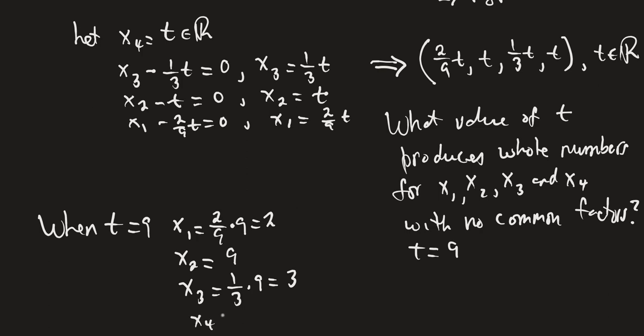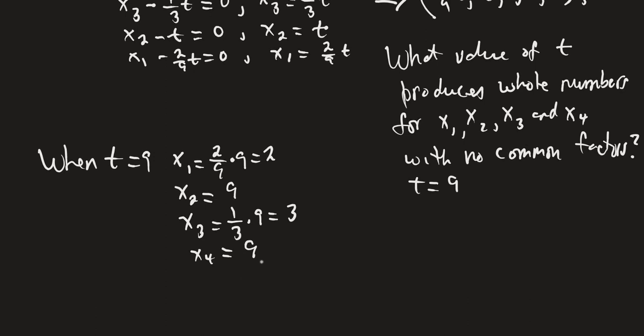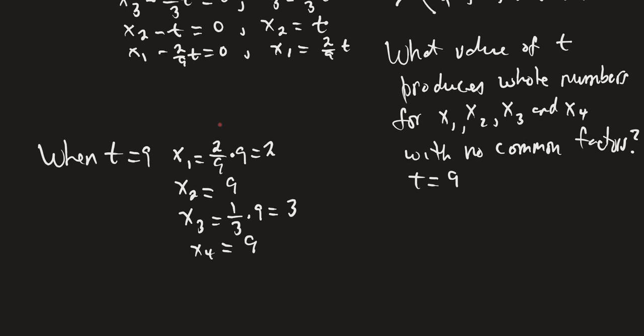And then finally x4 is 9. So now, notice we have our coefficients, they're all whole numbers, and they don't have any common factors. So here is our balanced equation.